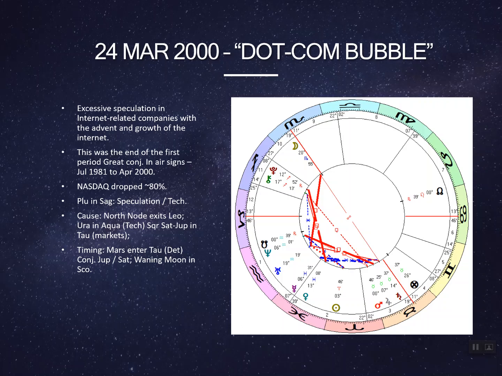Interesting to note, at the beginning of this video, I pointed out that the great mutation that we're about to experience this year, the start of it is this year, with the great conjunctions happening in air signs.